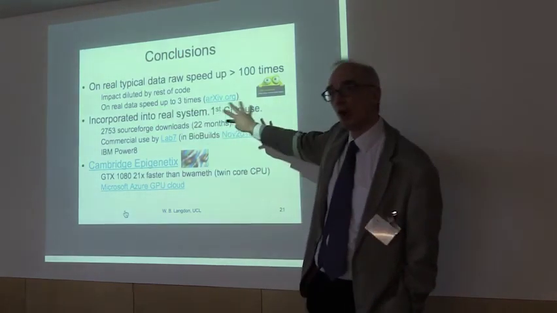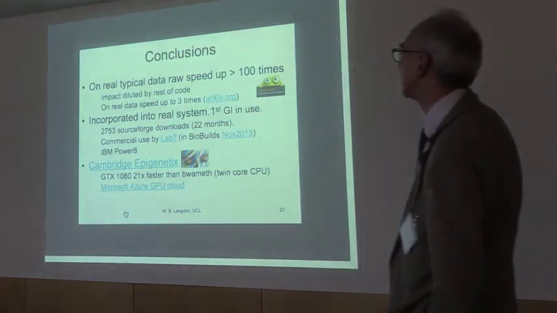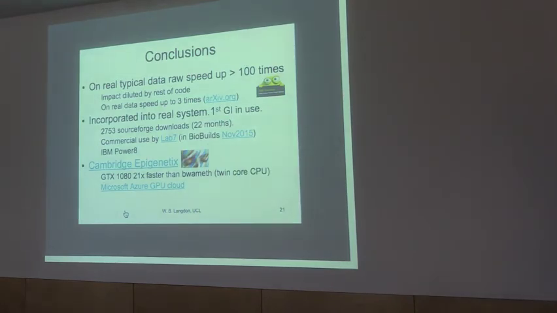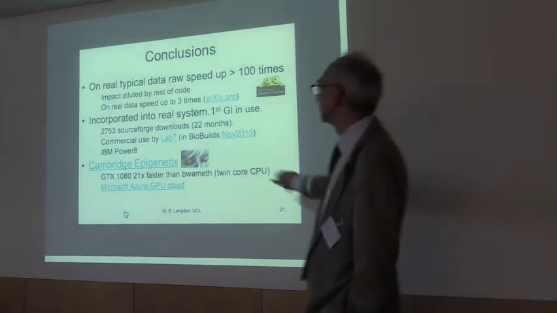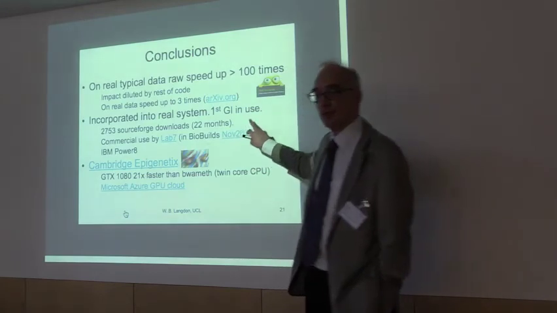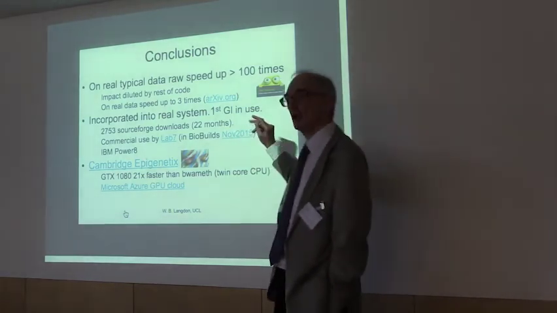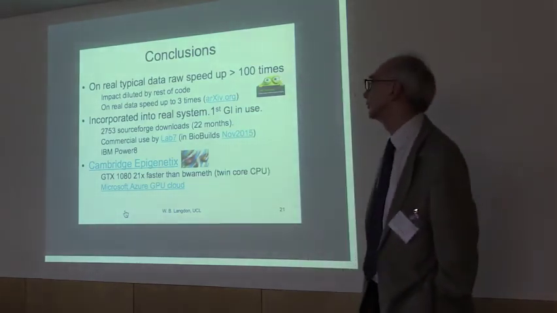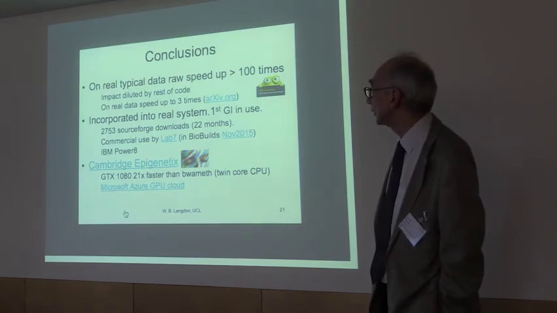But on real data, we're getting a sizable speed up. Barracuda has been incorporated. Lab 7 is a company in Austin, in Texas. They have a product called BioBuilds, and since November 2 years ago, they've been shipping the GI version of Barracuda.